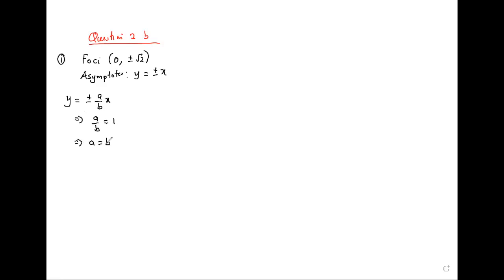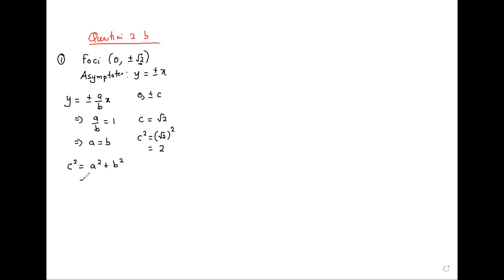Then the foci is 0, plus or minus c. So this means that c is equal to the root of 2, and so c squared is going to be root 2 squared, which is equal to positive 2. Now for the hyperbola, we know that c squared is equal to a squared plus b squared.